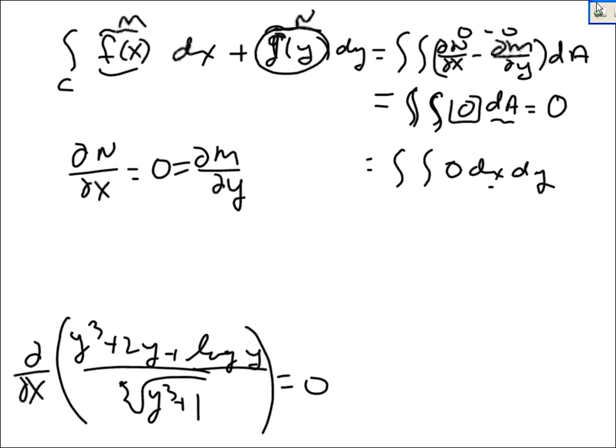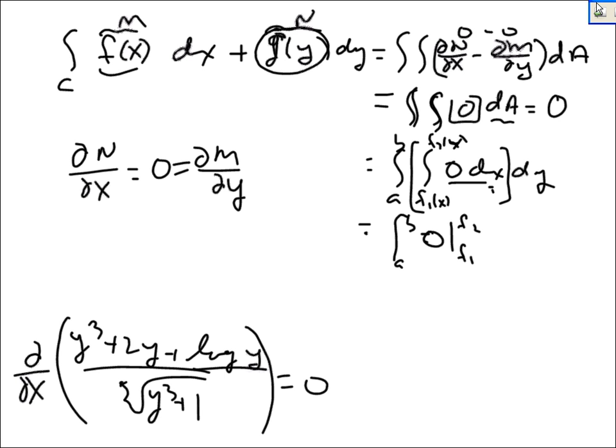X goes from one function of x to another function of x. Y goes from a to b. The integral of 0 dx from f1 to f2 is 0 minus 0, which is 0.